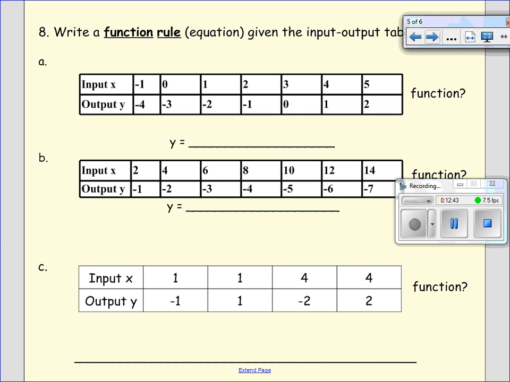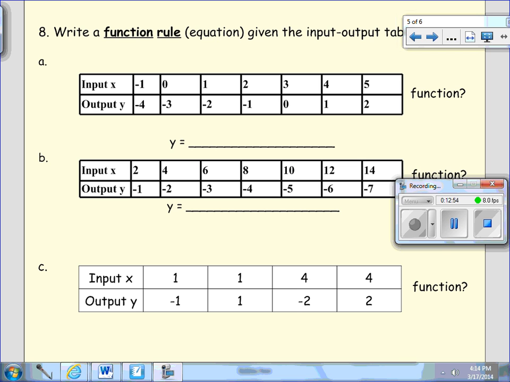So in 8A, B, and C, let's look at each of these tables to determine what the function rule is. Now I'm noticing in A, I'm looking at 0. If my input is 0 and I end up at -3, I'm decreasing by 3.